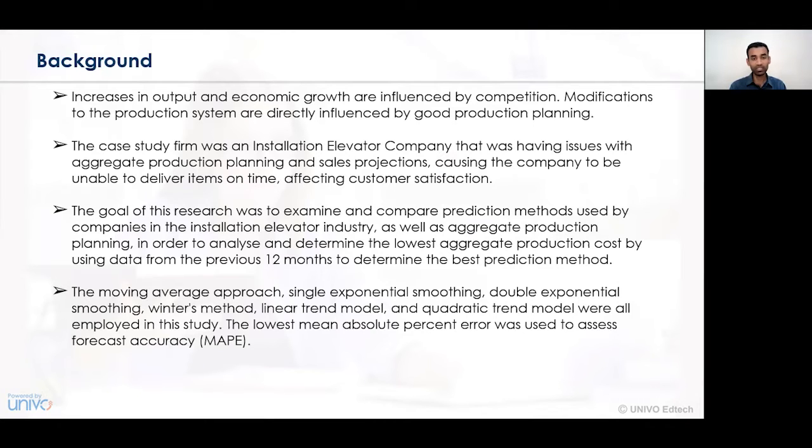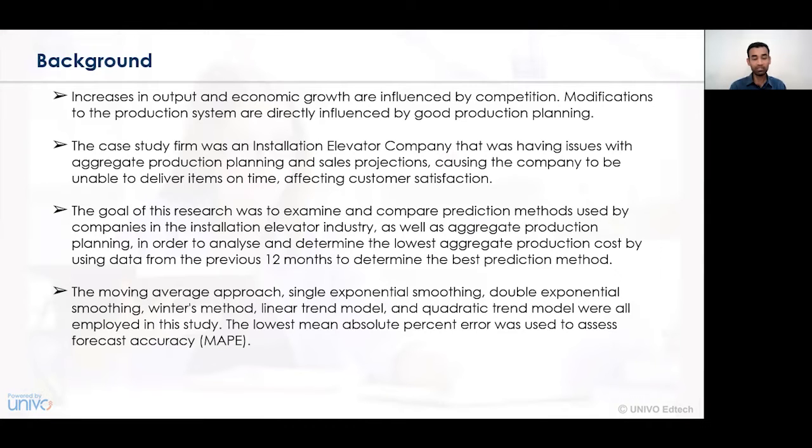The background of the case study. The particular elevator company was aiming to increase output and economic growth, and they have been influencing the competition. Various modifications in the organization with respect to production were already implemented, and accordingly production planning and control, material requirement planning, and manufacturing resource planning were all done in an effective way.